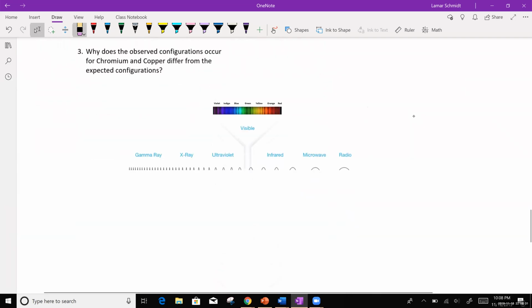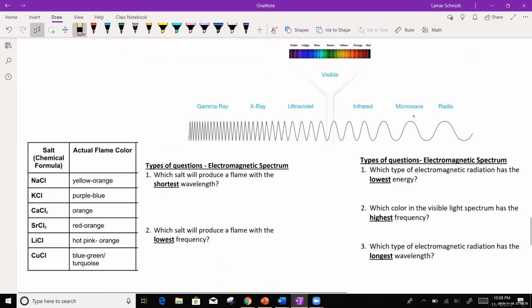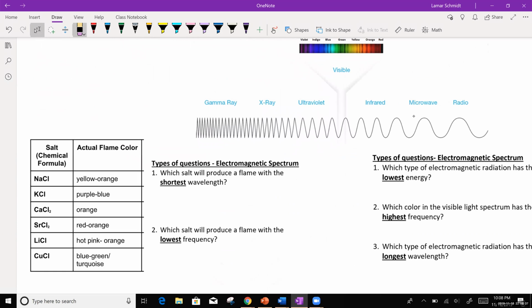All right, in the next section, I have some questions. The first 2 are having to deal with the chart right here where it says salt and actual flame color. I would like for you to answer these questions in Edpuzzle at this time.